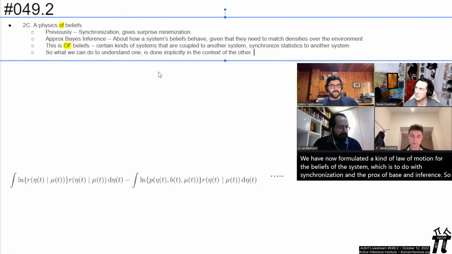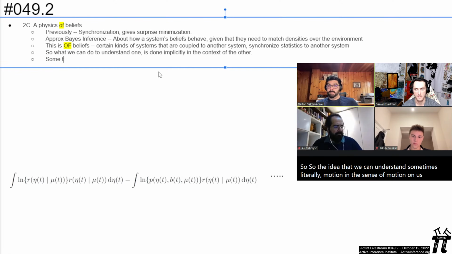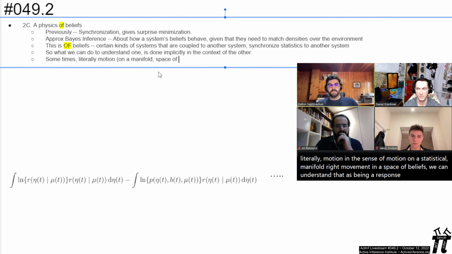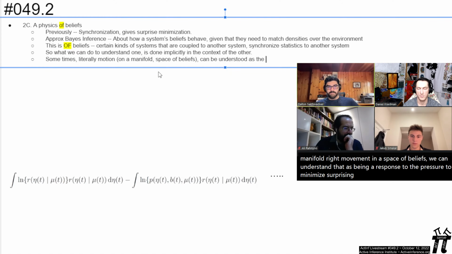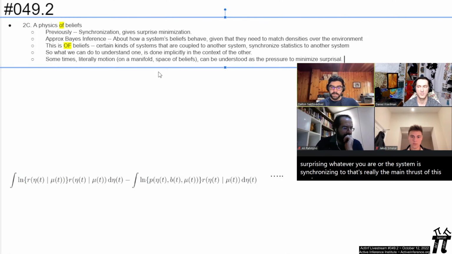So the idea that we can understand sometimes literally motion, in the sense of motion on a statistical manifold, right? Movement in a space of beliefs. We can understand it as being a response to the pressure to minimize surprisal, given whatever the system is synchronizing to. That's really the main thrust of this section.